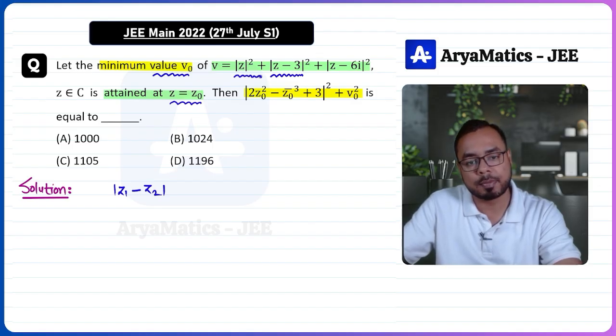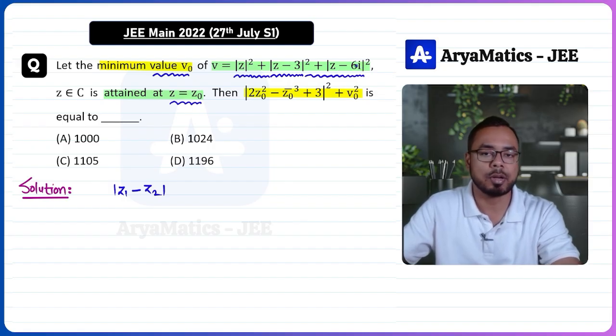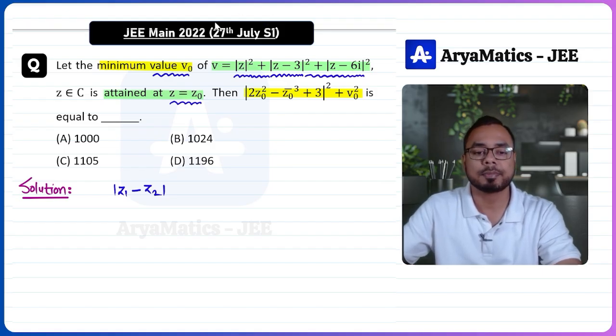Mod z will be the distance of the complex number from the origin. And similarly, the third term, mod z minus 6 iota, will be the distance of point z from the point 0, 6, since 6 iota is represented by the point 0, 6 on the y-axis.